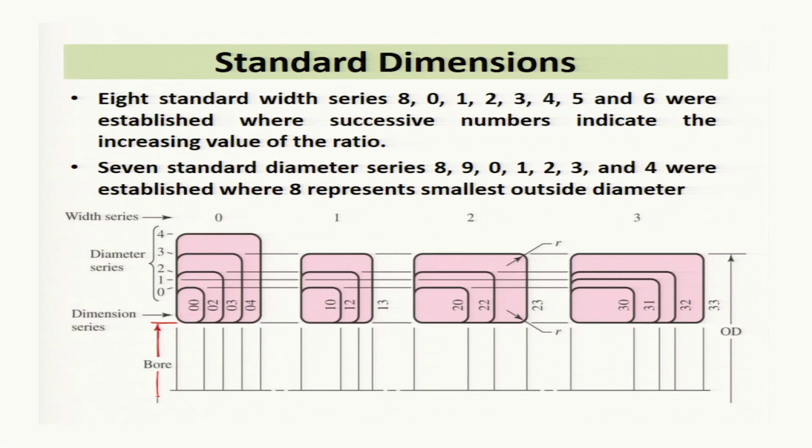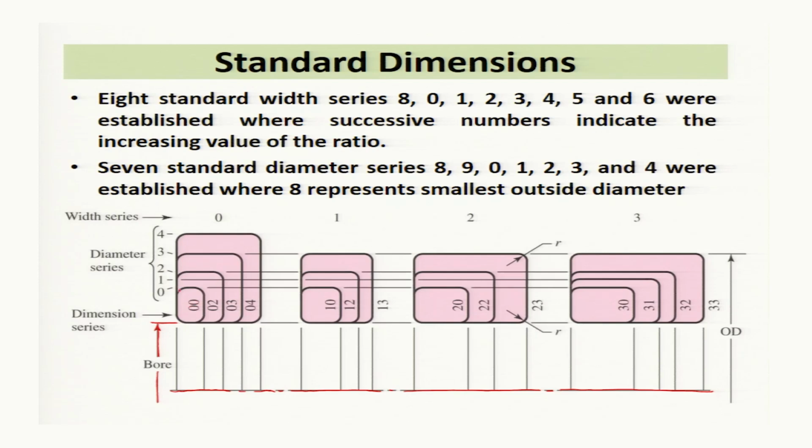This is the axis of the shaft or the bearing. So if you have dimension series given by 0, 0, the first digit is 0, it means the width series is 0 and the diameter series is 0.